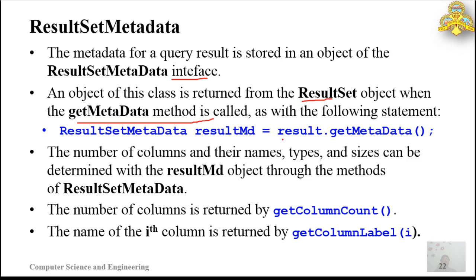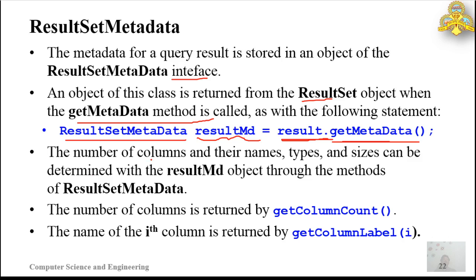For example, assuming result is an object of the ResultSet interface, I will call the function getMetaData which returns a ResultSetMetaData object, and I will store it in resultSetMD, where resultSetMD is an instance of ResultSetMetaData.